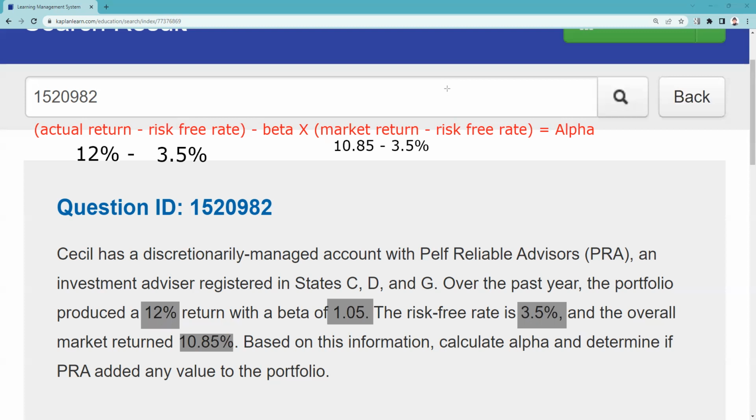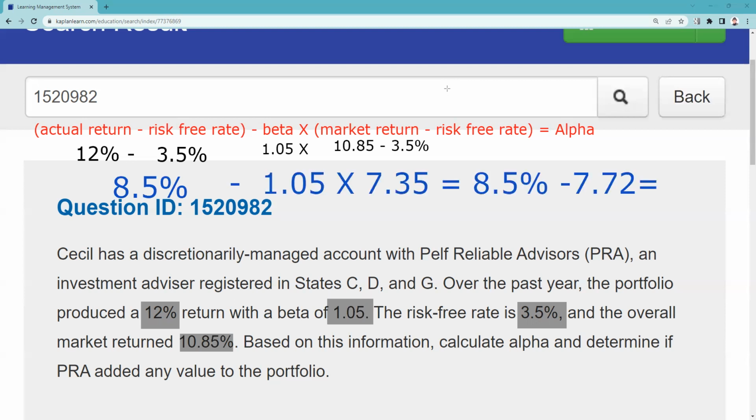So 10.85 minus 3.5, because remember, of that 10.85, 3.5% we didn't need to risk our capital for. And so, parentheses, order of operations, we do things in parentheses first. And we now have, we're getting our numbers going here, right? So 8.5% on this first part here. That's the 12% minus the 3.5%, the actual return minus the risk-free rate of return.